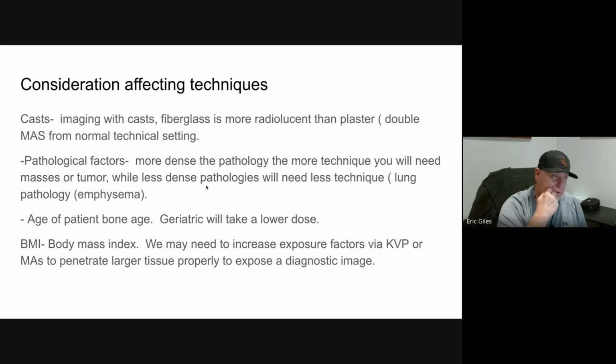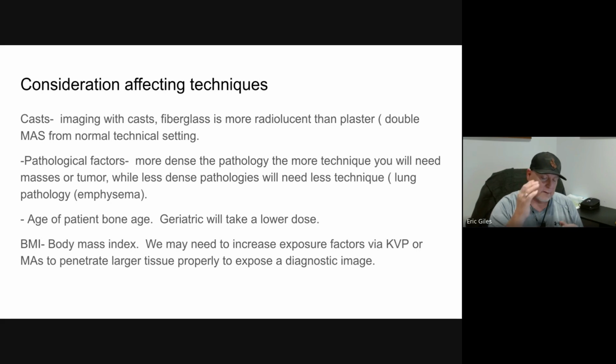All right, just a few considerations affecting the technique. Casts, these days everything's mostly fiberglass. You'll see a plaster one every now and then. But a rule of thumb, say you need to x-ray a wrist that has a cast on it. The provider doesn't want to take that cast off until they see how that bone's looking.